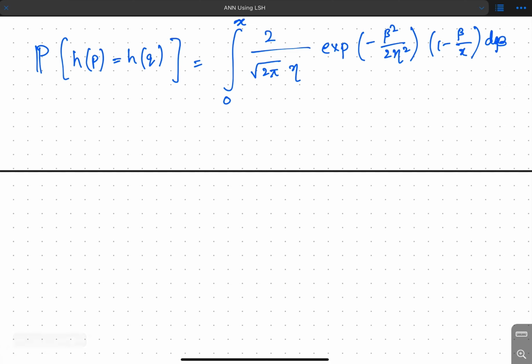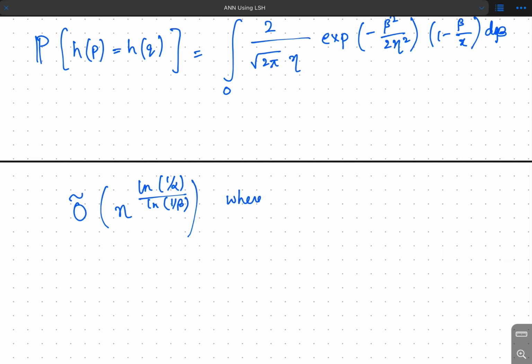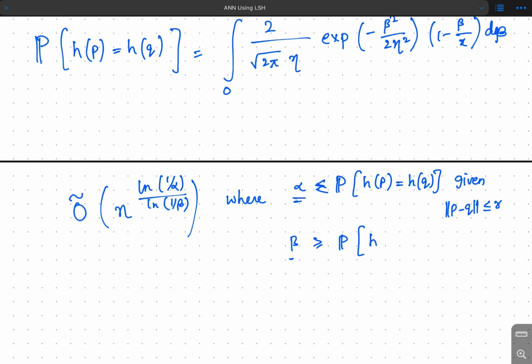Okay, now we want to choose x. Remember that in locality sensitive hashing, for approximate nearest neighbor queries, the query time is going to be something like O tilde of n to the power ln 1 by alpha by ln 1 by beta, where alpha is a lower bound on the probability that h of P is equal to h of Q given the distance between P and Q is less than or equal to R, and beta is an upper bound on the probability that h of P is equal to h of Q given they are far away.